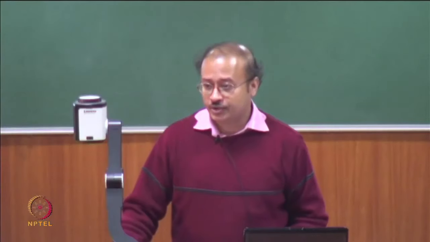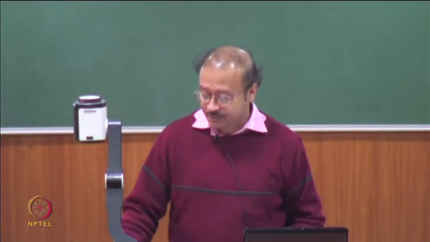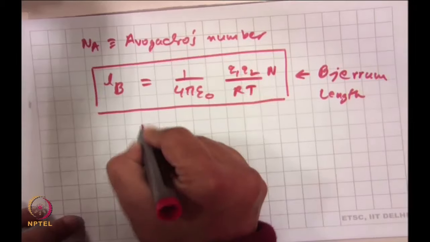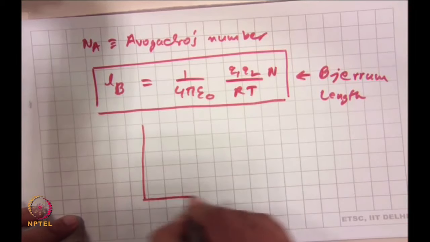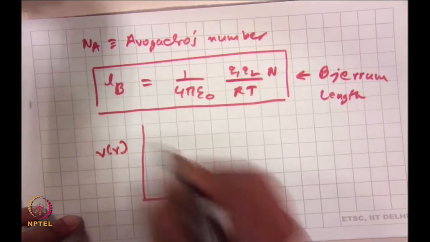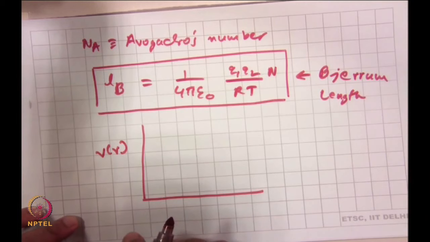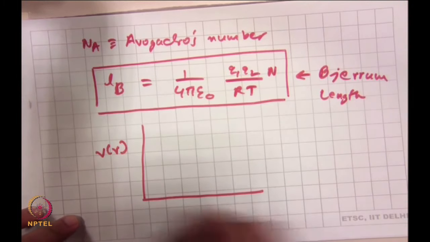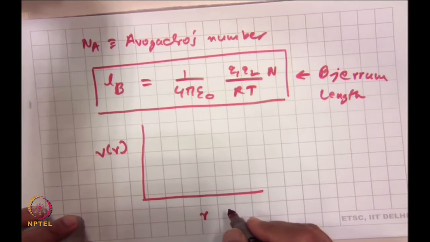Graphically, how would we understand this? Say I am drawing a graph like this, which is very simple. On my y axis I have V of R, which is essentially a potential energy. On my x axis I will have R, because you are plotting the potential V of R against the distance of separation between these two charges.